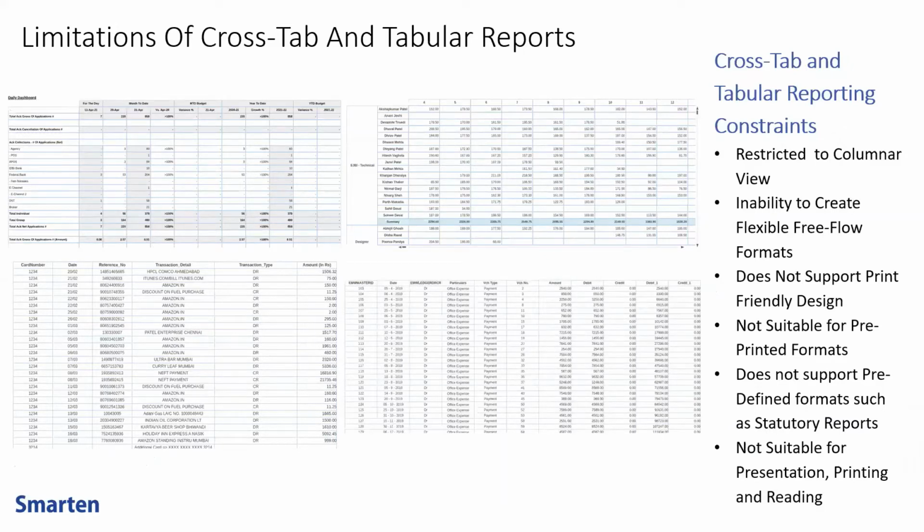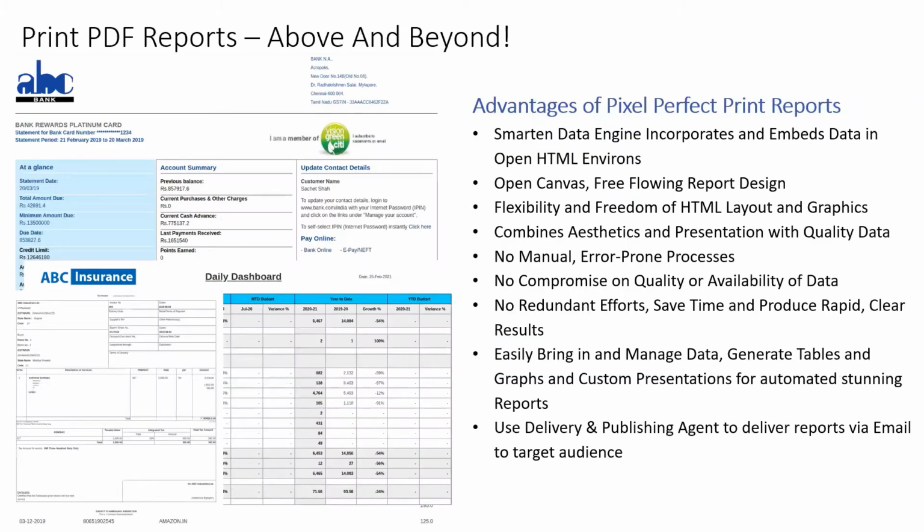So they are good to analyze the data, but yes, they are columnar in view. In real life use cases, as far as the presentation layer is concerned, you need much more flexibility and flow into some of the reports, and that's where the pixel perfect report comes in. Say for example, here I have shown monthly credit card statements, which is not a typical columnar cross tab or tabular report, but these are the sort of reports that you need.